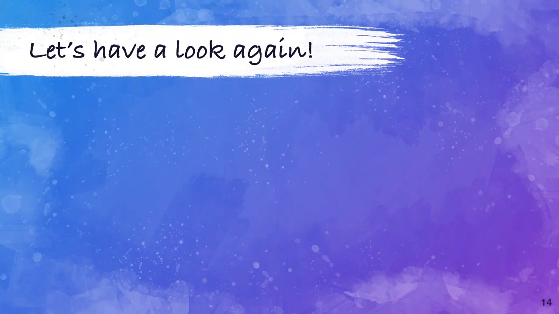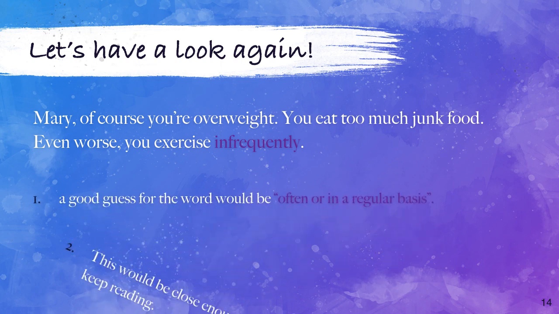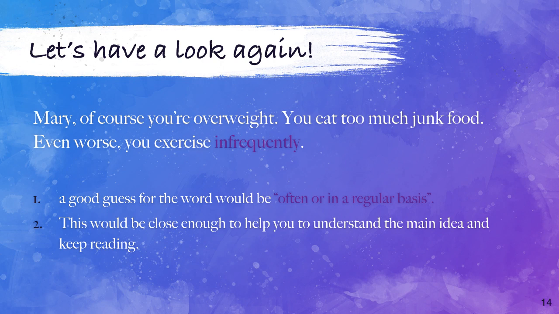So let's check out the example again. Mary, of course you're overweight. You eat too much junk food. Even worse, you exercise infrequently. Therefore, a good guess for the word would be often or on a regular basis. This strategy definitely will help you to understand the main idea and keep reading.